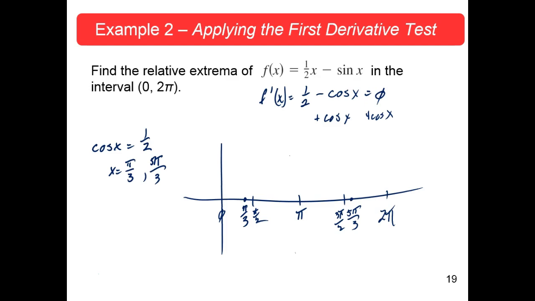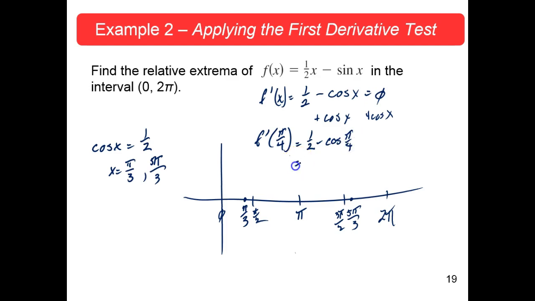So pick a point to the left of pi thirds. Pi over 4 would certainly work. So let's do f prime of pi fourths. And that would be 1/2 minus cosine of pi fourths.